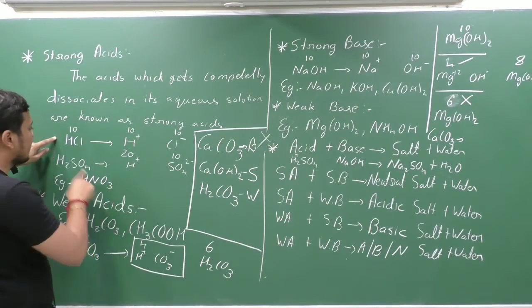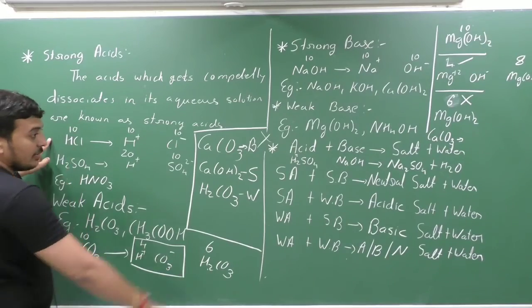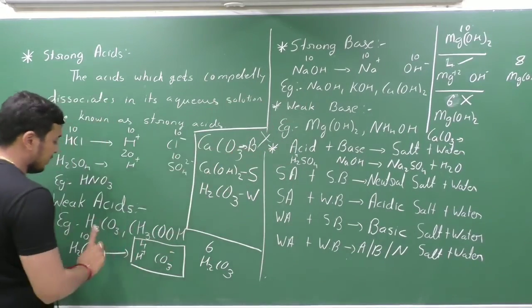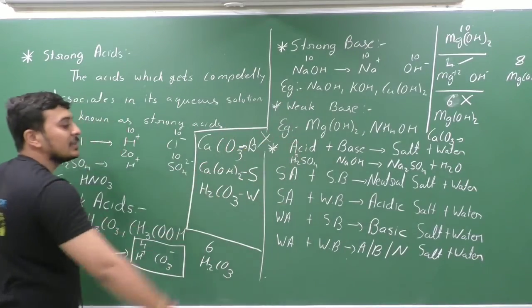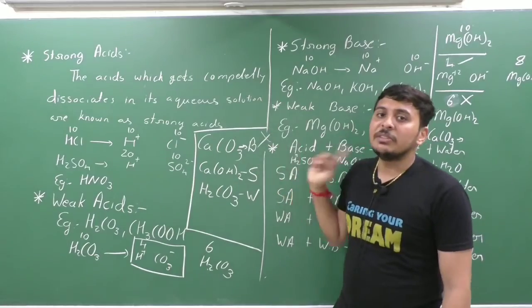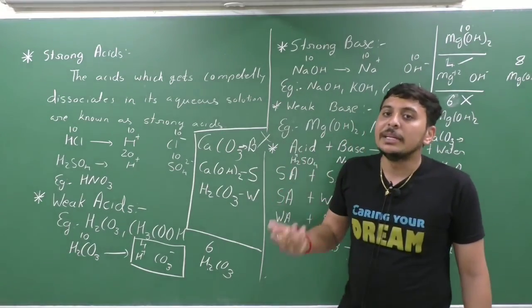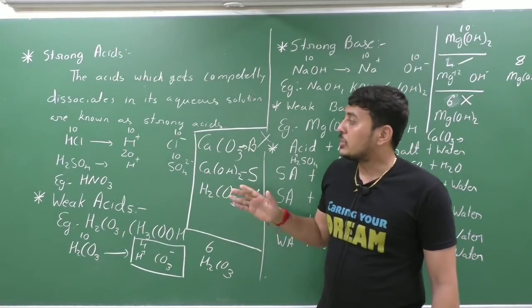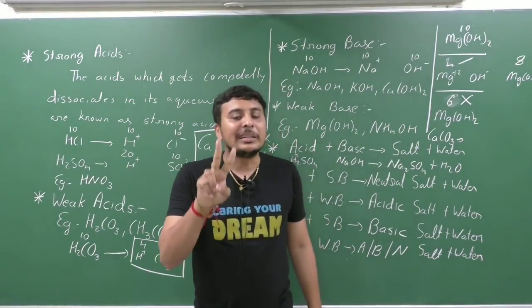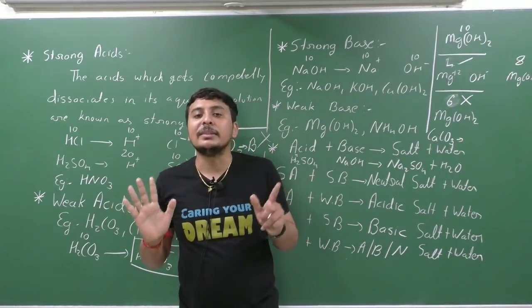So write the reactions of strong acid with strong base, strong acid with weak base, weak acid with strong base, weak acid with weak base. Write the reactions of each and every acid with each and every base, form different types of salts and water, and complete the reactions. There will be approximately 20 reactions all in all. You have to complete all those reactions.